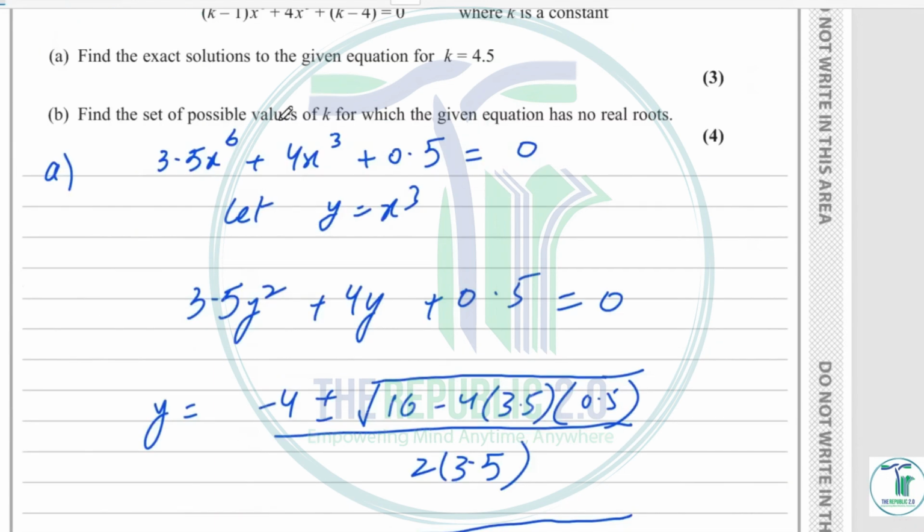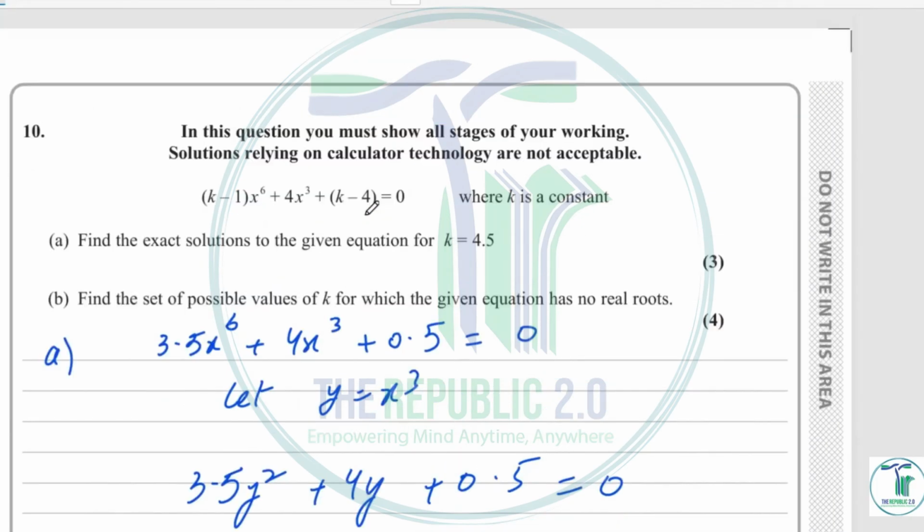Now find the set of possible values of k for which the given equation has no real roots. So we need to solve this equation for which it has no real roots. No real roots means that its discriminant must be less than 0, right?